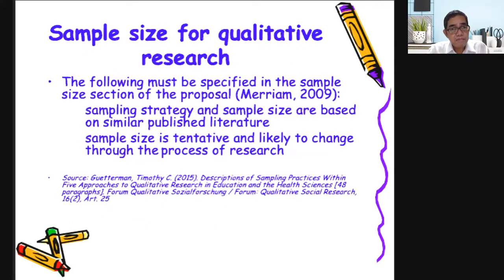But if you want to calculate the sample size for such research, it may still be calculated, and the following must be specified in the sample size calculation section in the proposal: that the sampling strategy and the sample size are based on similar published literature, very much the same as in quantitative research, and the sample size is tentative and likely to change through the process of research.